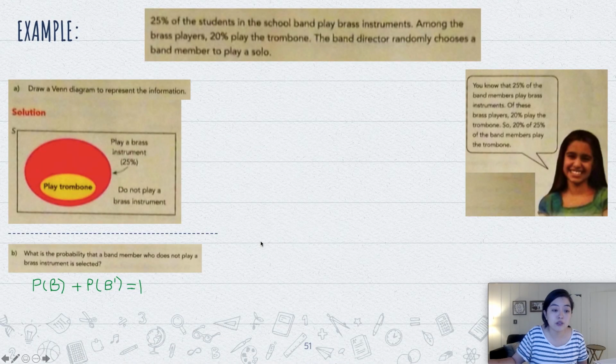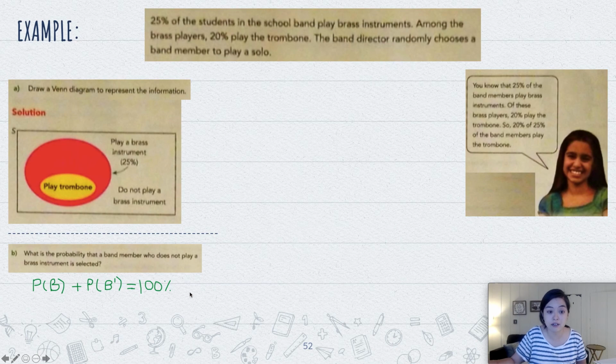Remember, the probability of those who play a brass instrument plus the probability of the complement is equal to 1. Percentages can be written as a fraction, a decimal, or a percent. So 1 is the same as 100%, and we're going to use percent because we're given percents in this problem.